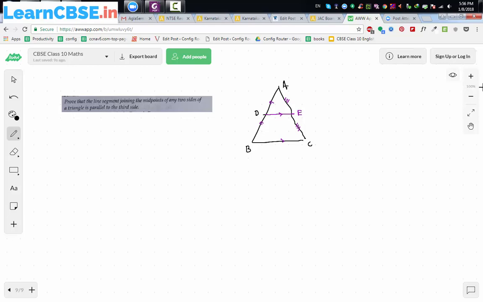So we can write, given a triangle ABC in which D and E are the midpoints of AB and AC.